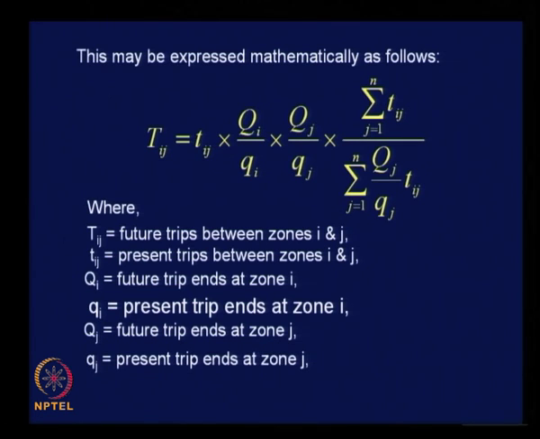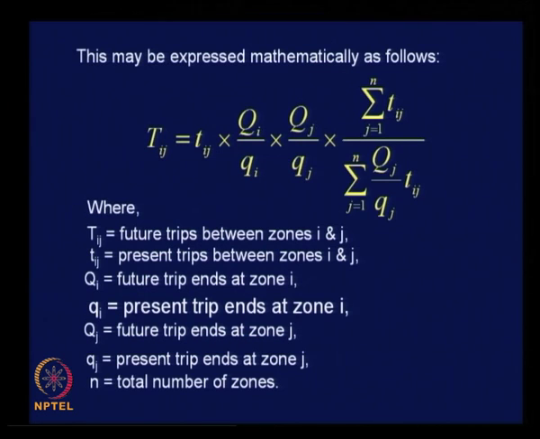And small qj, present trip ends at zone j, that is known to us through the data collection process for base year condition. And n is the total number of zones in the urban area. Clear? Are you able to understand the logic of distribution of small tij based on Qi, Qj and then the ratio of Qj for the base year and Qj for the horizon year?